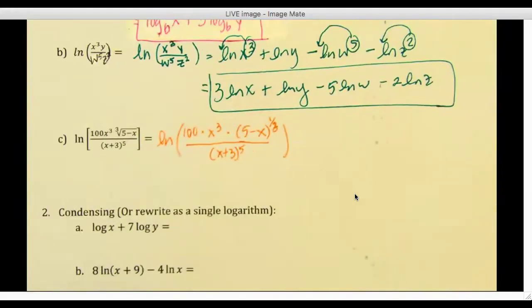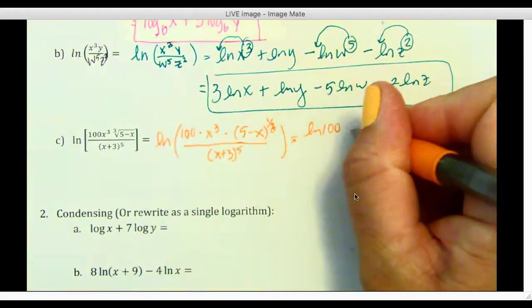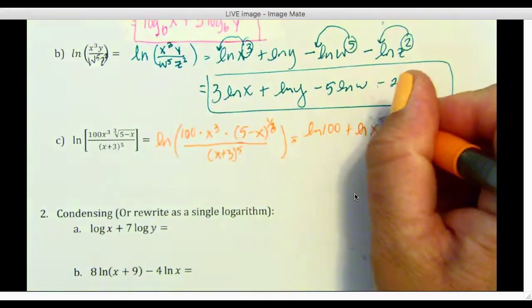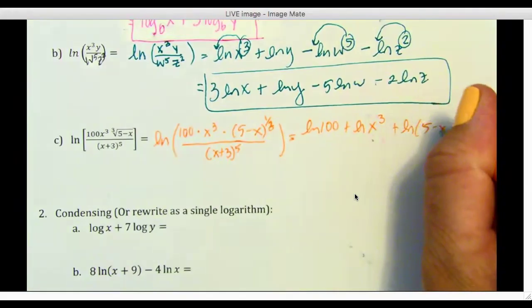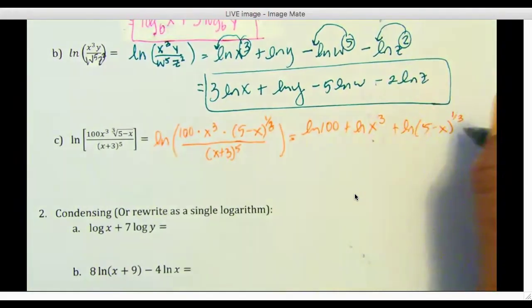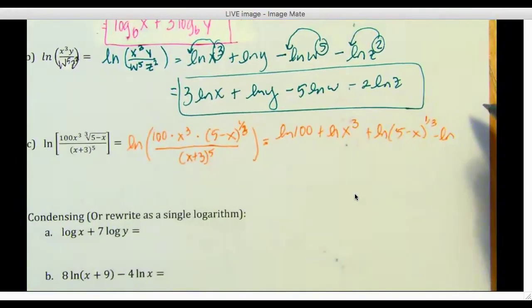So I can go ahead and expand that entire thing, and I have a natural log of 100 plus natural log of x cubed plus natural log of 5 minus x to the 1/3, and then minus natural log of x plus 3 to the 5th power.